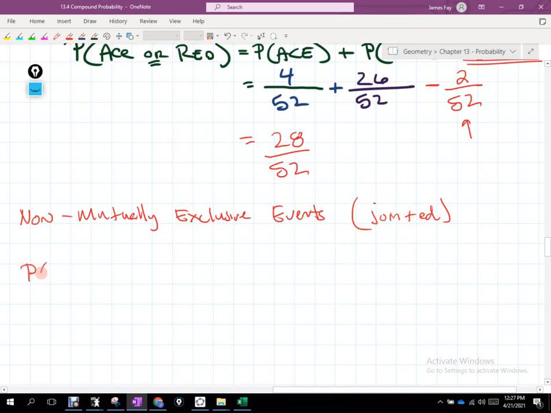It says the probability of A or, I'm going to use the word or right now. I'll come back and adjust this for notation in a moment. The probability of A or B, if the events are non-mutually exclusive, is equal to the probability of A plus the probability of B minus the probability of A and B.